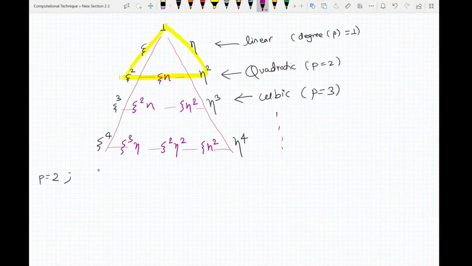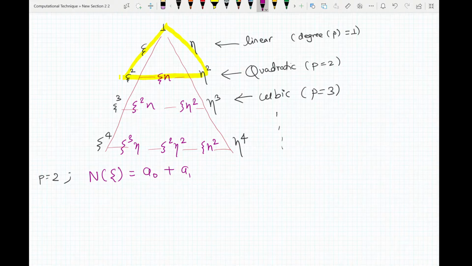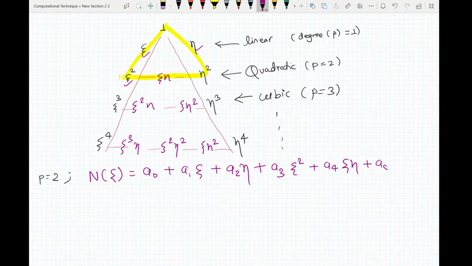Now your equation N of xi in a 2D form will be a0 plus a1 xi plus a2 eta plus a3 xi square plus a4 xi eta plus a5 eta square.